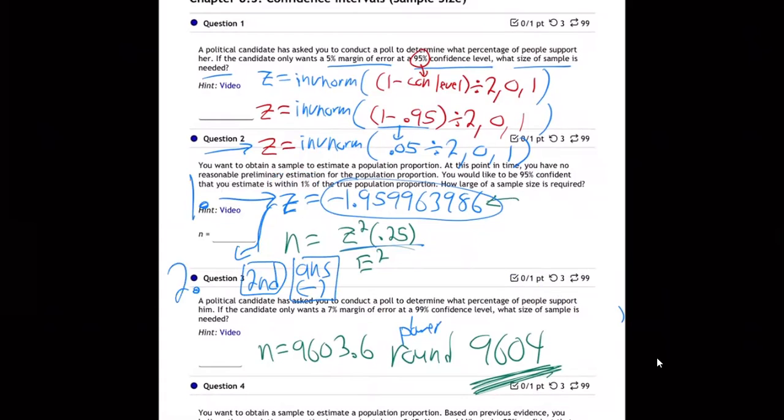And then step number two, hit second answer, that Z answer, to the power of 2, the up arrow is the power of 2, times 0.25 divided by 0.01 to the second power. Why is that? Because that E right there is 0.01.